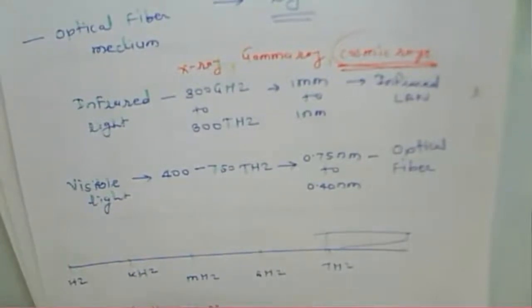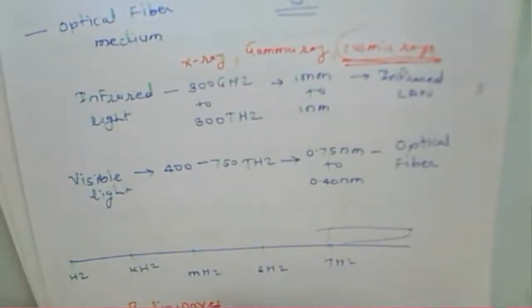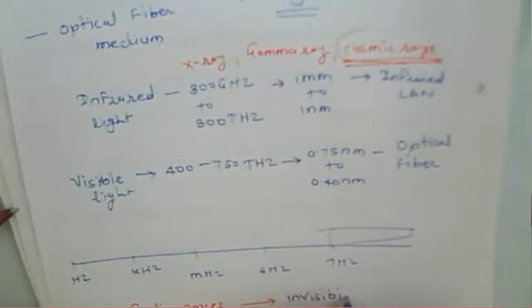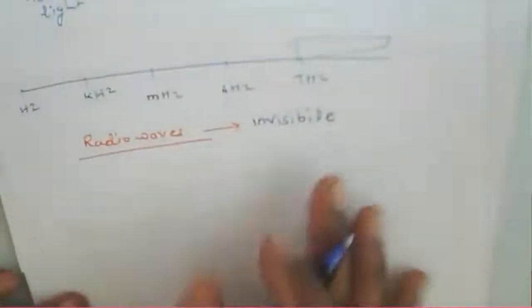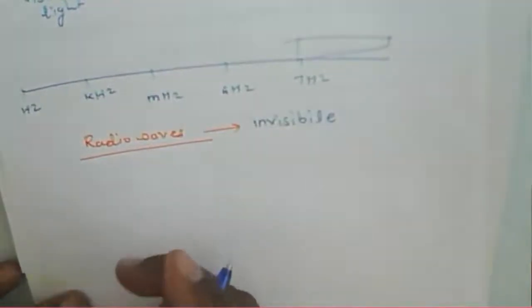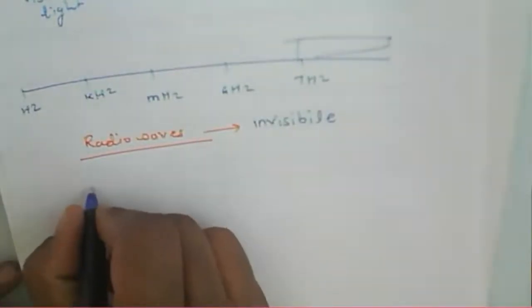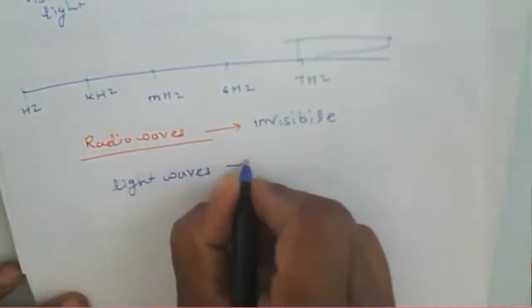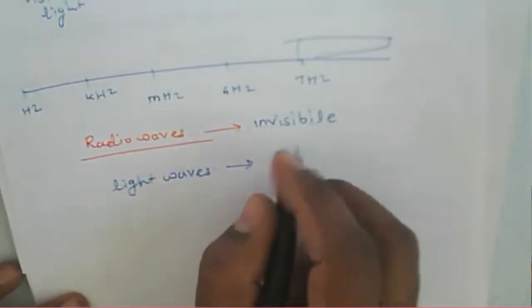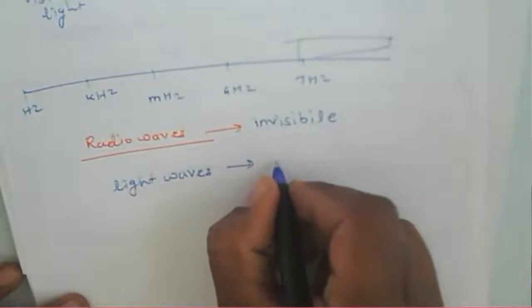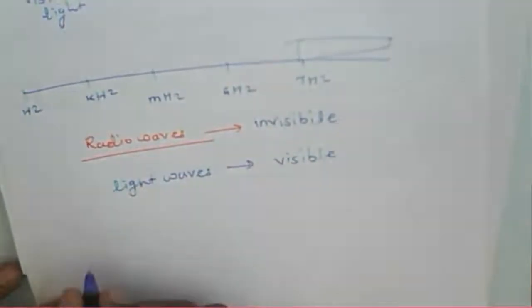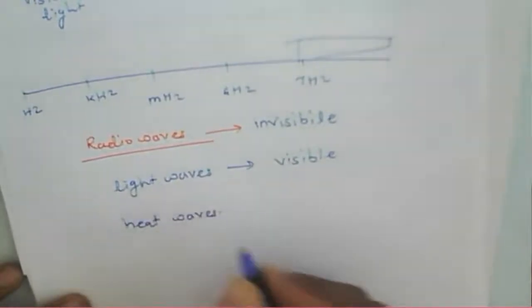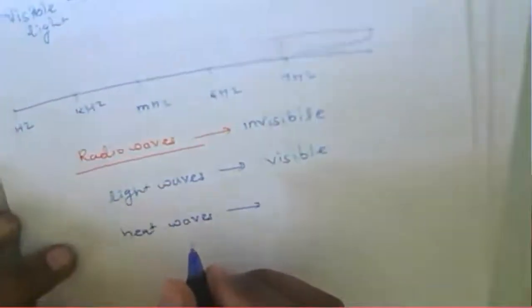Radio waves are invisible in nature. But light waves, such as those we are using here in optical fiber, can be seen. They are visible.